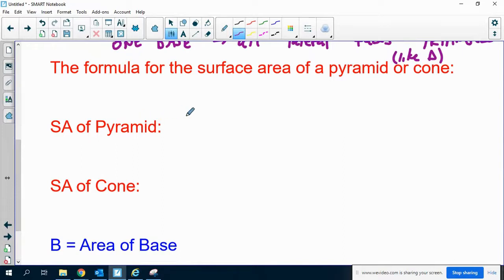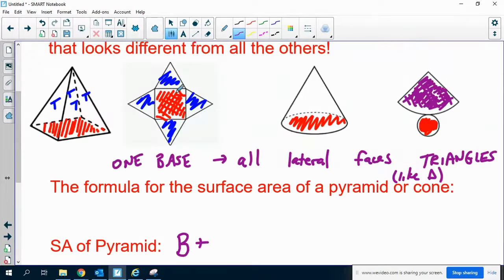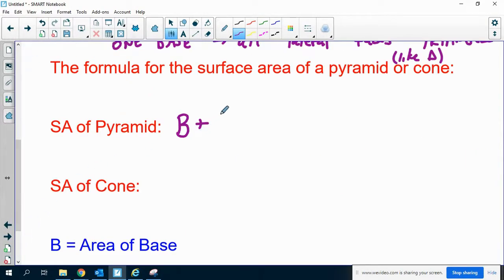So let's talk about the surface area of a pyramid. We have one base, so we find the area of the base, which is B, and we add that to, well, if you notice, these are all triangles. So our formula should probably look something like a triangle. 1/2 base times height is the area formula for a triangle.